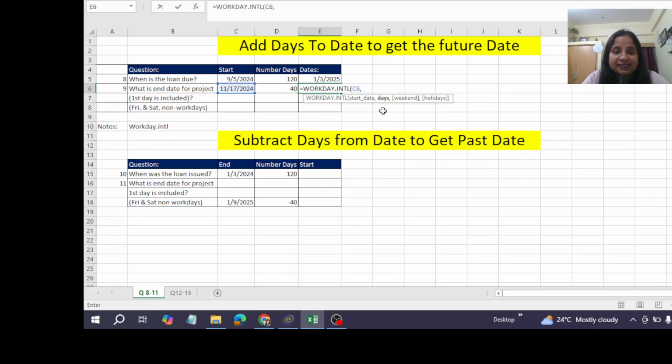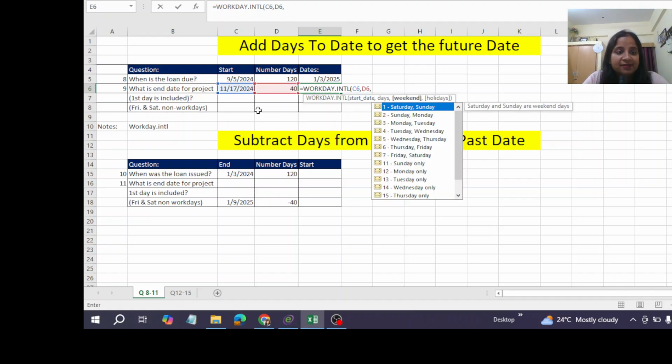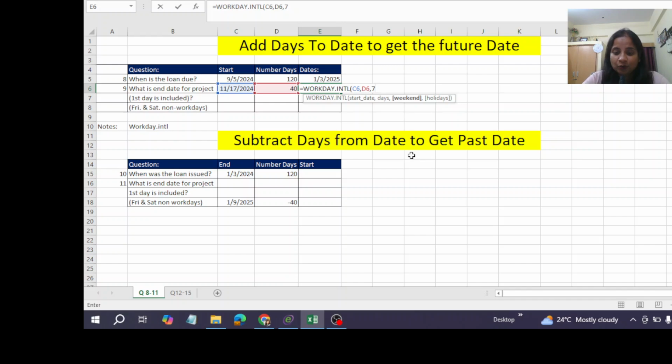It makes our work easier. Start date, days is this, comma, weekends. Weekends is Friday and Saturday selected. Close the bracket.